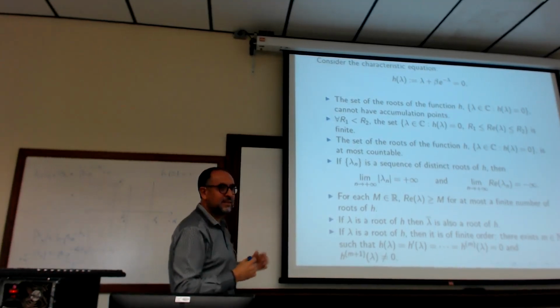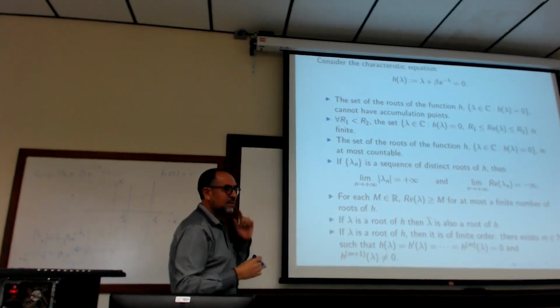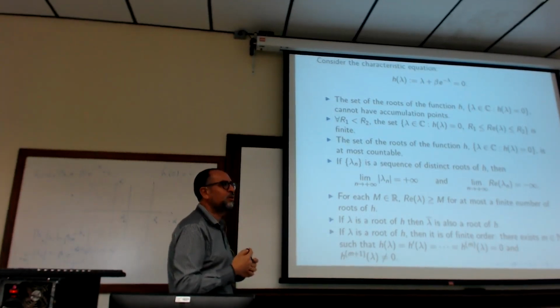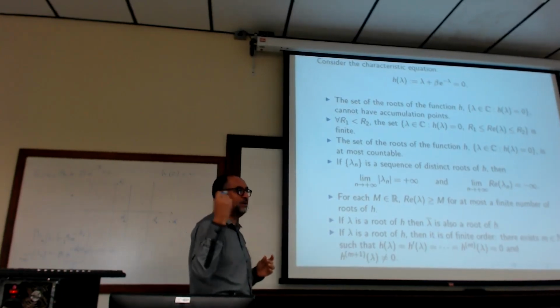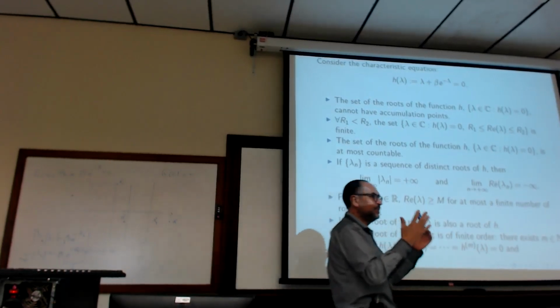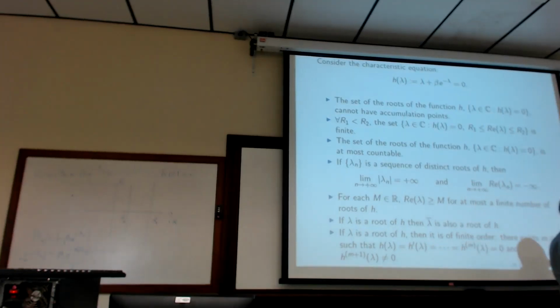Why is it interesting? Because I think all of you, when you studied ordinary differential equations, I will remind you, for an ordinary differential system you take a matrix and look for eigenvalues. Okay, you have eigenvalues, and you look for the eigenspace. You remember this? What is the eigenspace?